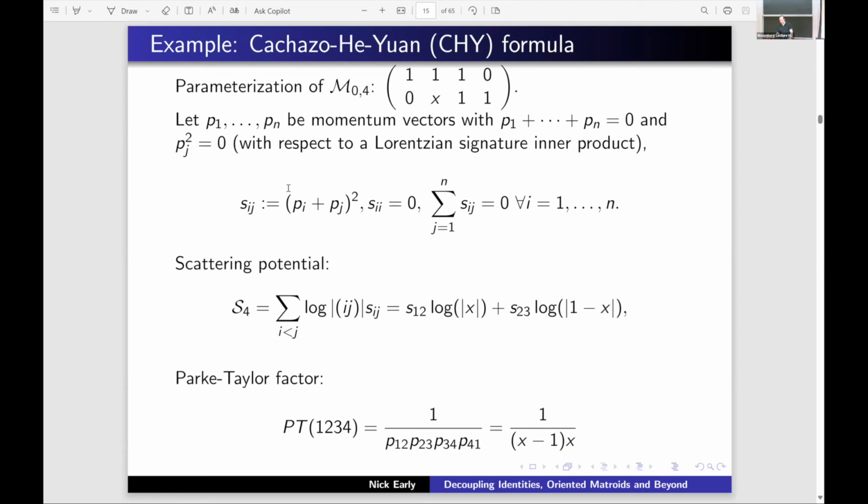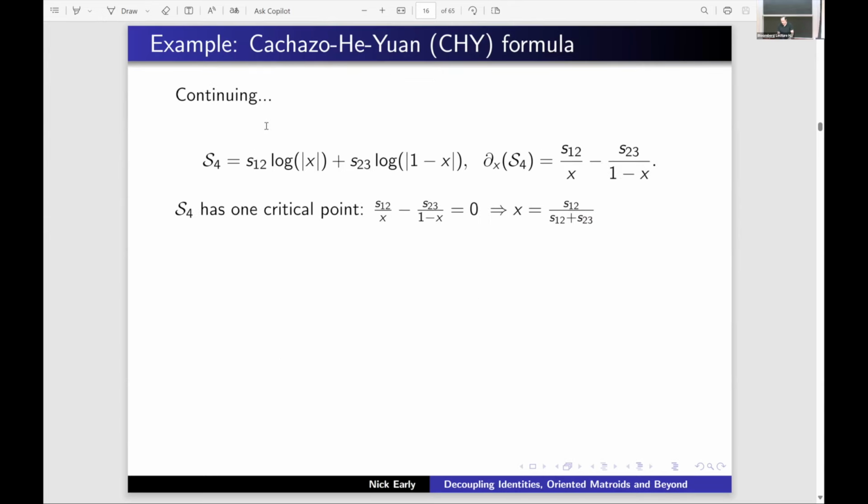I should mention that usually Mandelstam invariants are inner products of momentum vectors, and as such they come with a dimension, which may result in some nonlinear constraints on them. But let us calculate the m of alpha here. If we solve for the critical points, we find exactly 1: S12 over S12 plus S23, from this critical point equation.